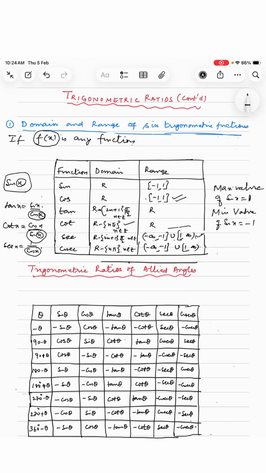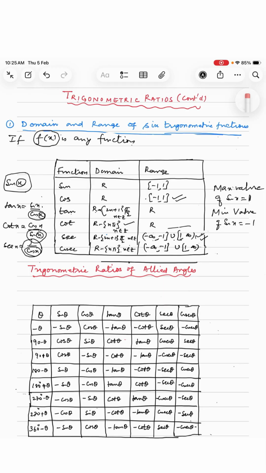The reason for this is, since secant x is a reciprocal of cos x, if cos x lies between -1 and +1, secant x should not lie between -1 and +1. That is why the range of secant x takes all values which are not between -1 and +1.